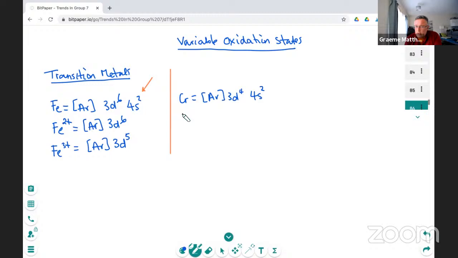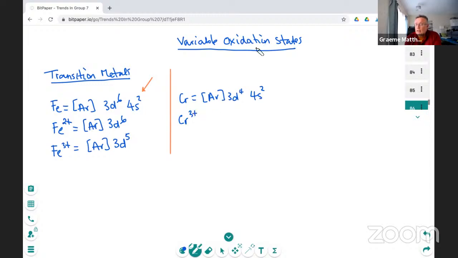Now you're thinking, what's a possible oxidation state of chromium? 1, 2, 3, 4, yes I could have. Chromium has lots and lots of variable oxidation states, along with all the other transition metals. I'm just going to pick out the common ones you will see.